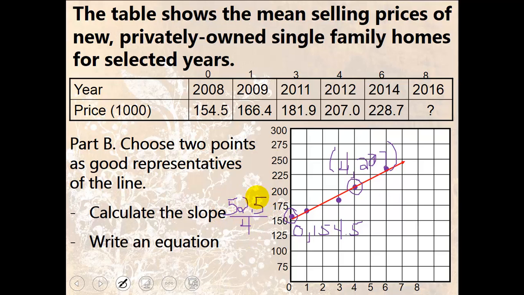Now, if you pick 2 different points, your slope would be just a little bit different, okay? And when I divide that by 4, that gives me roughly 13.1.